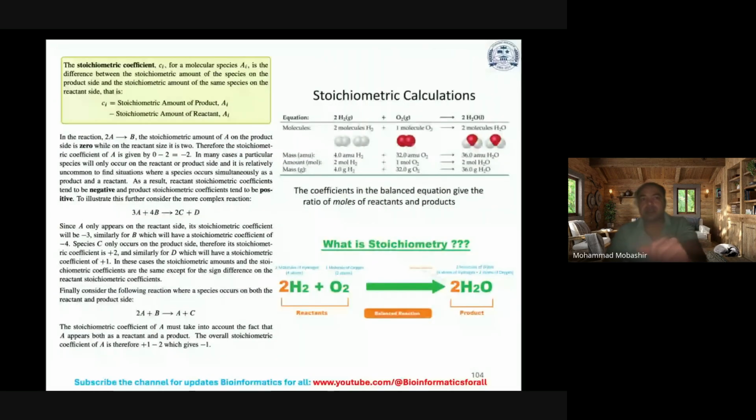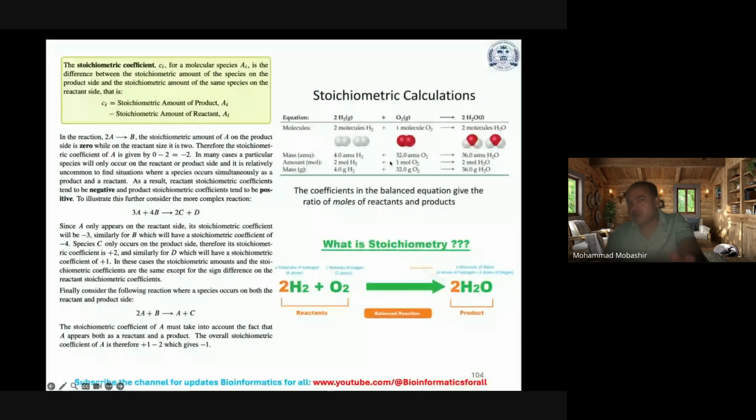So now it comes, if we want to write these stoichiometric calculations for a realistic example, for example, the formation of water from hydrogen and oxygen molecules, then you need to understand clearly how you can write them.